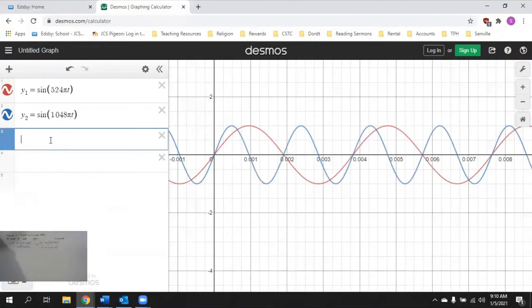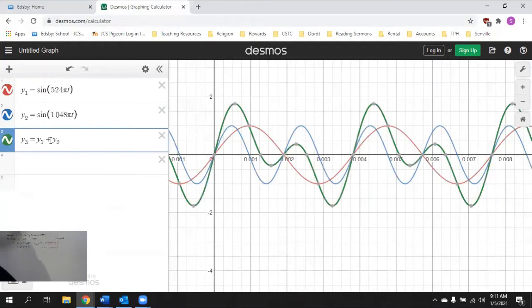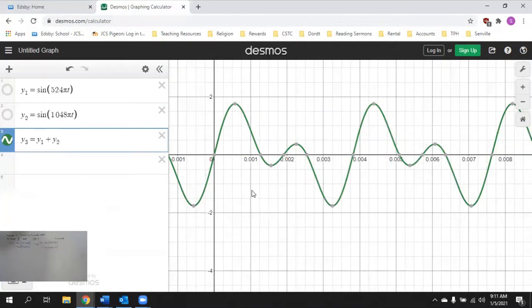All I have to do to add a combined function is to create a third function, maybe y3, and say that y3 is y1 plus y2. Okay, and now we have this green function. I'll just hide our two original ones.